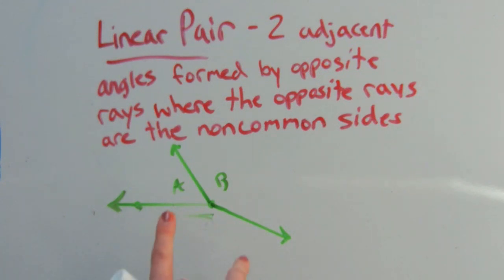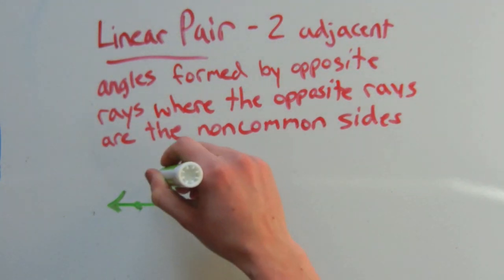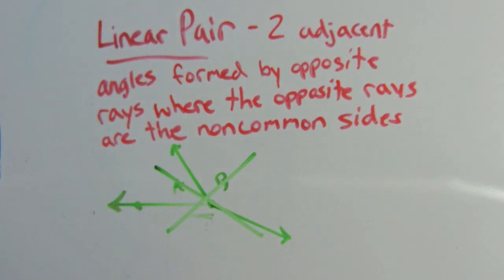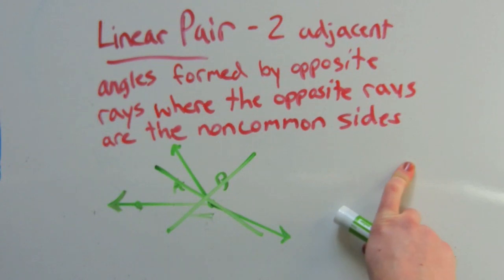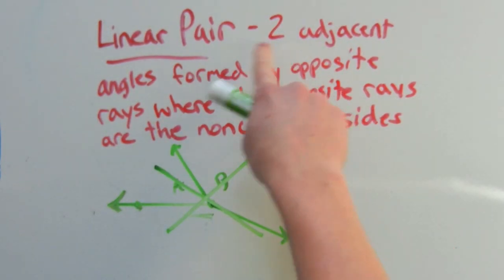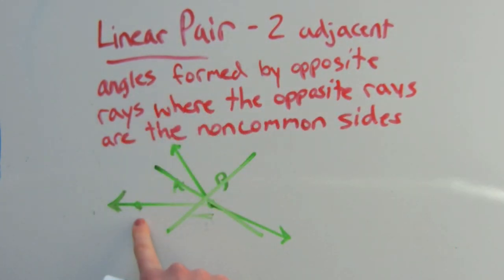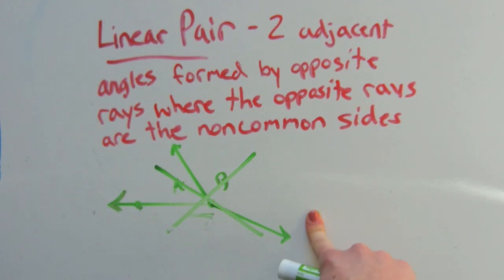So these two sides need to form that opposite ray. So in this case, A and B are not linear pairs. So again, the angles need to be adjacent and the non-common sides have to be the opposite rays.